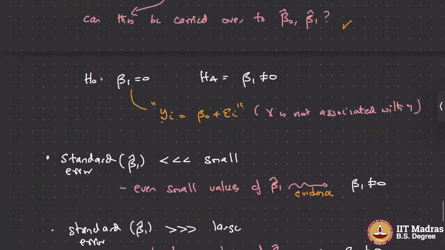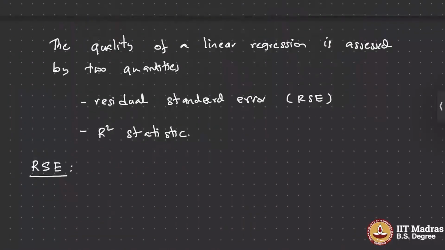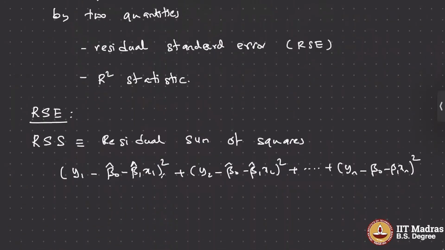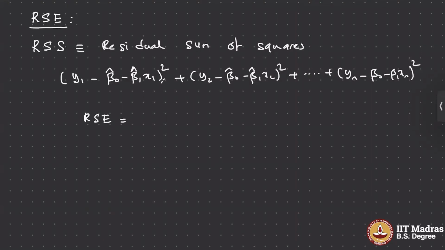So the RSE, the residual standard error, is equal to, first we know what the residual sum of squares is, and the RSE is given by, it's just a standardization, the square root of 1 over n minus 2 times RSS. That's defined as the residual standard error.